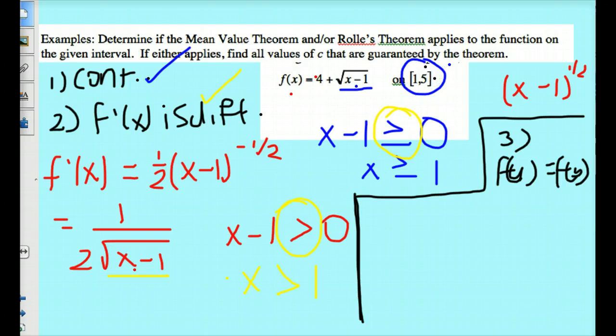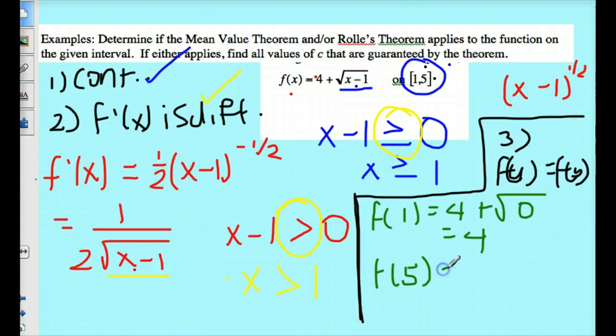If I plug in 1, f of 1 is equal to 4 plus the square root of 1 minus 1, which is 0, which gives me an answer of 4. If I plug in 5, I get 4 plus the square root of 5 minus 1, which is 4. That gives me 4 plus 2, and that gives us 6.